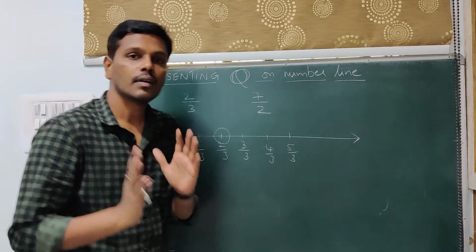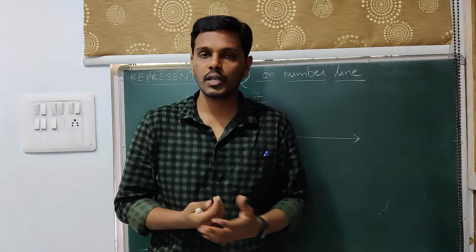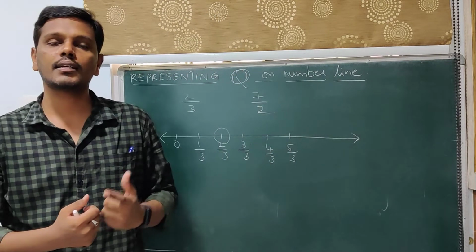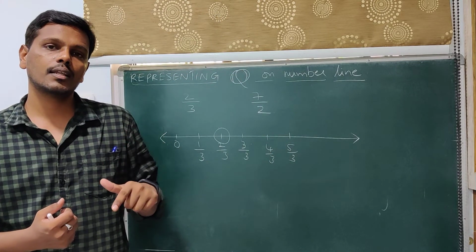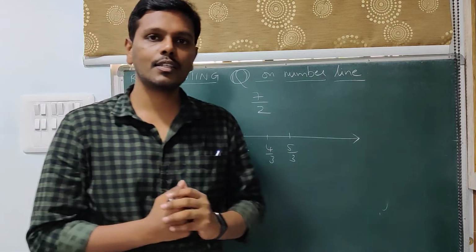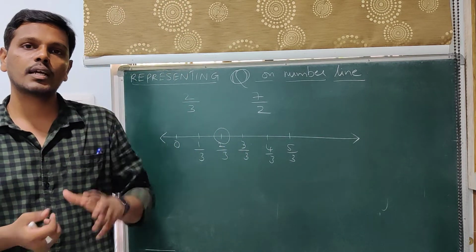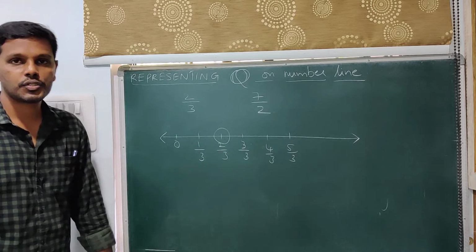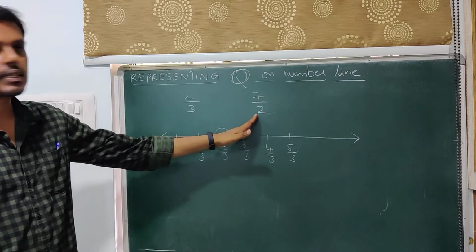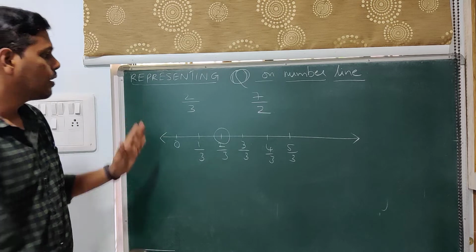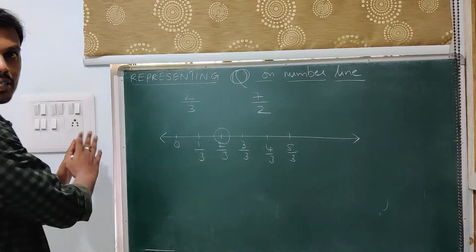I repeat it again. Whenever you have a rational number, either the numerator is less than the denominator or the numerator is greater than the denominator. These are the two possible cases when you look at the numerical value of a rational number. If it is a negative one, we just do it on the left hand side. There is no difference.